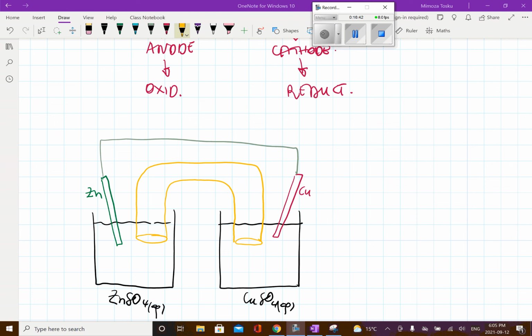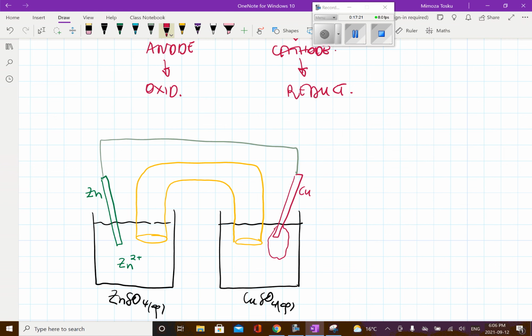Now we know that on the anode half cell we have zinc 2 plus, and in the cathode we have copper building up. So the anode is wearing away because of the oxidation, and the cathode is building up.